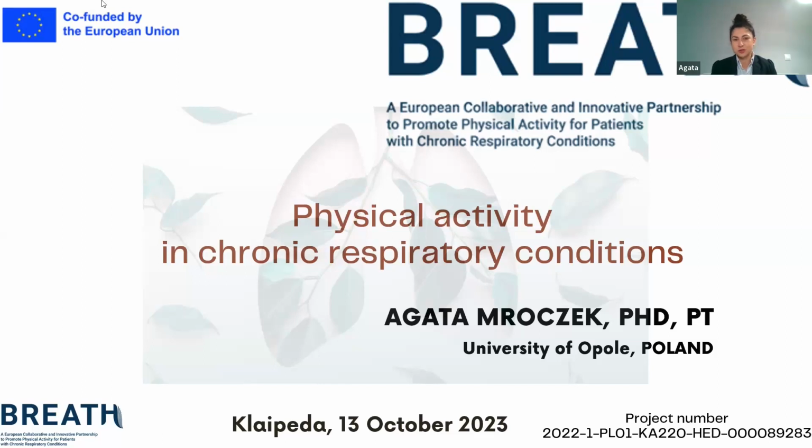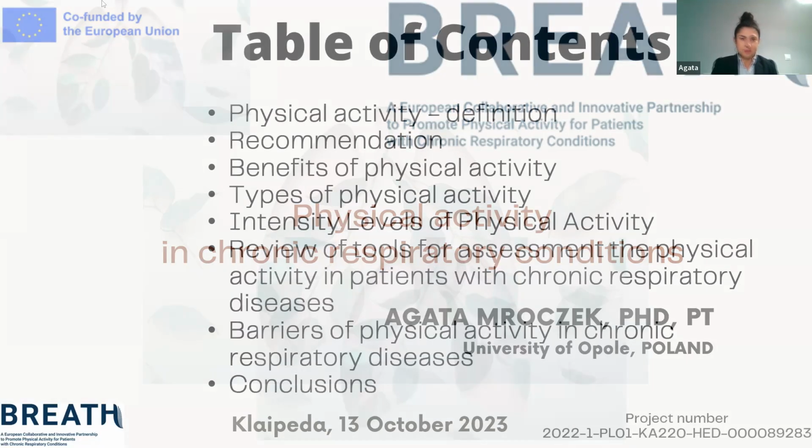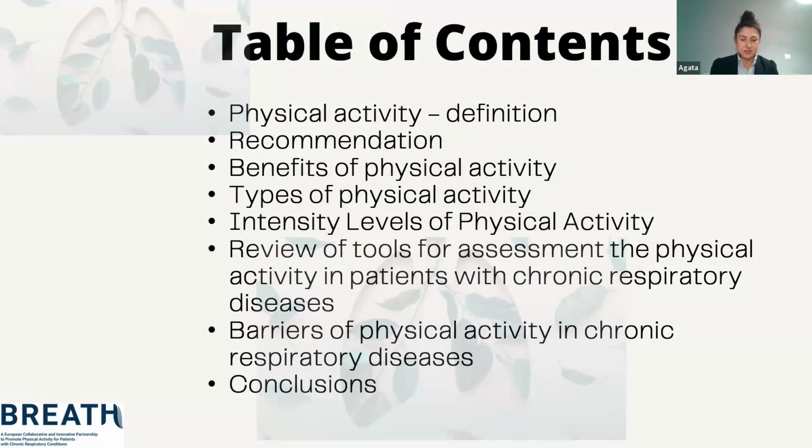As you can see on the screen, I would like to tell you something about physical activity in chronic respiratory conditions. This is the table of contents. My presentation is structured as follows. First of all, I would like to give you an overview of the definition of physical activity.